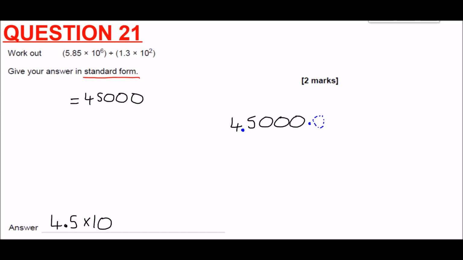The way we find the power of 10 is we count how many digits are between where the decimal actually is and where the decimal would need to be for the first part to be between 1 and 10. That's where the decimal is, that's where the decimal would need to be. In between the two is 4 digits. And so that would be 4.5 multiplied by 10 to the power 4. So that's our answer.